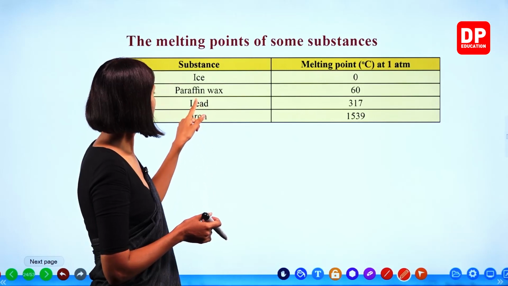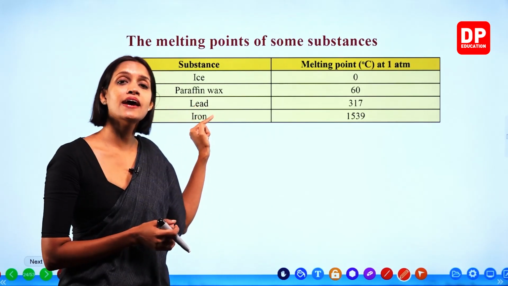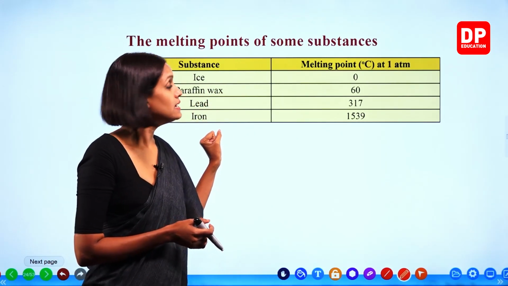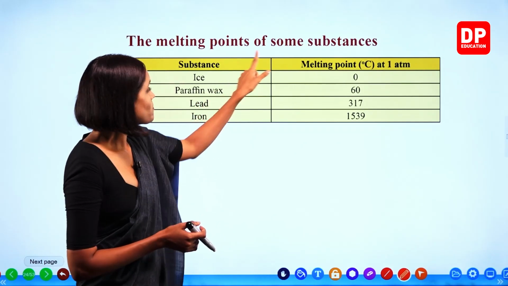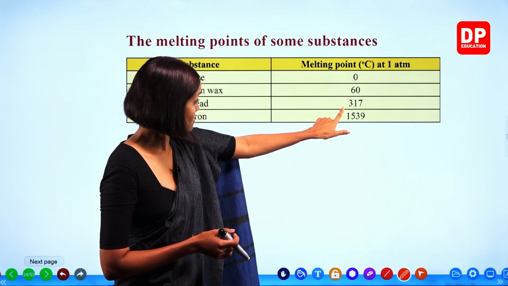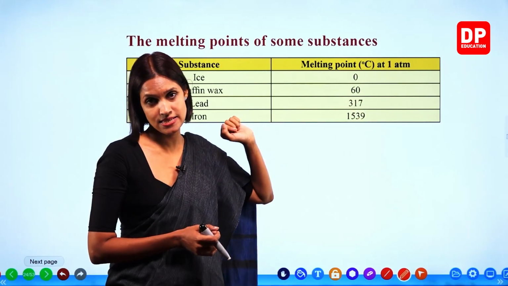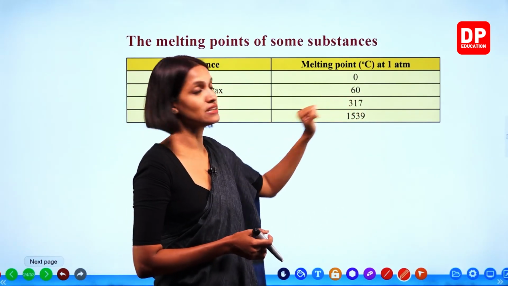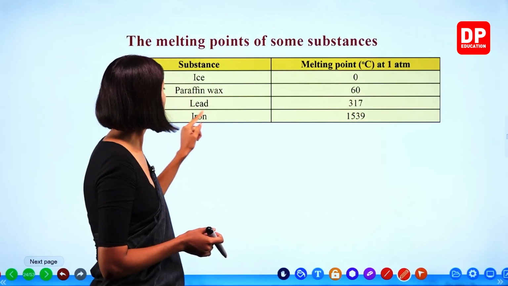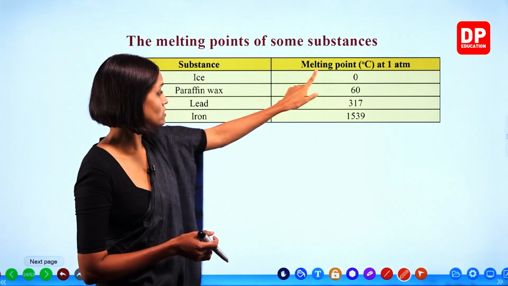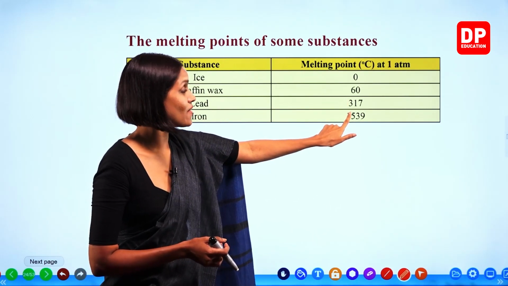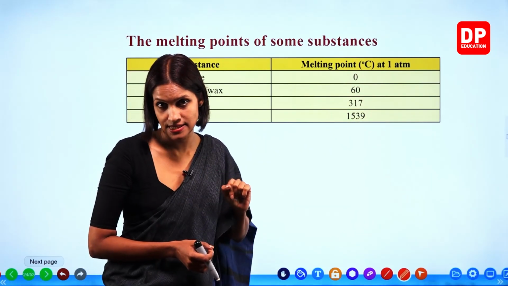Right? Lead and iron. Lead and iron both are metals. When you consider lead, the melting point is 317 degrees Celsius. When you consider iron, look at this, 1539 degrees Celsius.